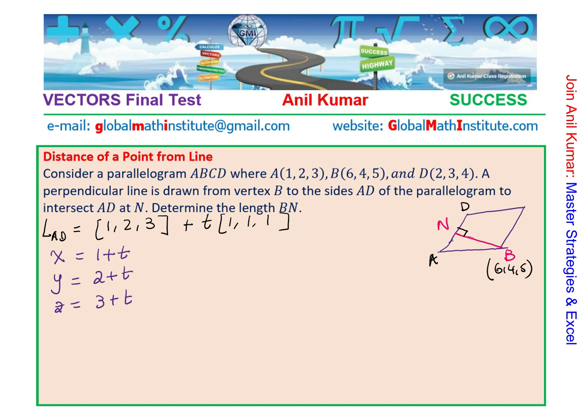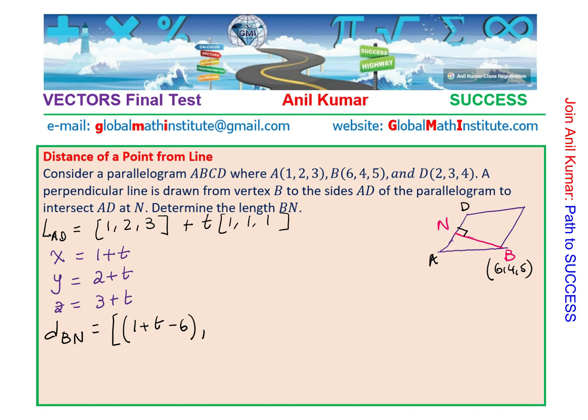That's key, right? So let's find the direction of vector BN. To find this direction, we'll take the coordinate points. So we have now 1 plus t minus the x coordinate value of 6, and 2 plus t minus 4, 3 plus t minus 5.